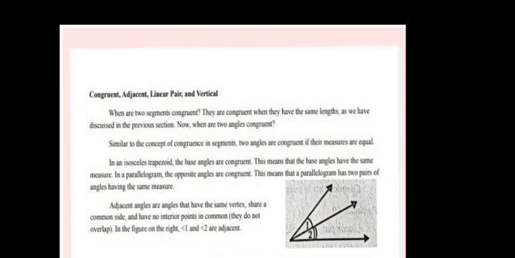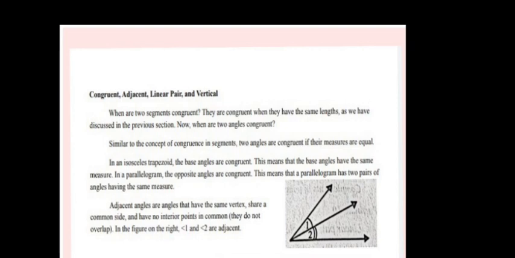In a trapezoid, the base angles are congruent. In a parallelogram, the opposite angles are congruent, meaning it has two pairs of angles having the same measure.